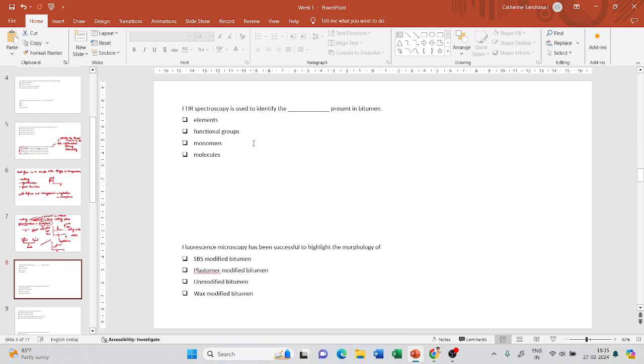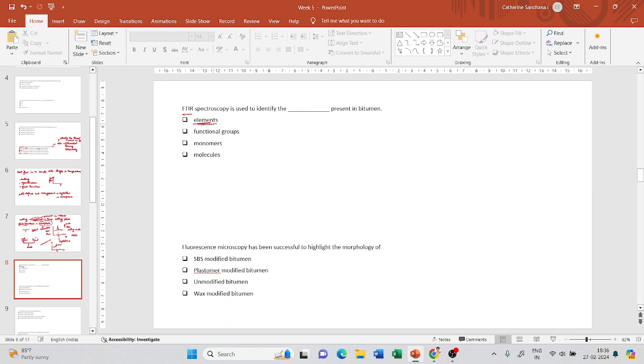Now, again, coming back to the chemical composition, one of the techniques to identify functional groups will be FTIR spectroscopy. Before even realizing, I told the answer. Sorry for that.